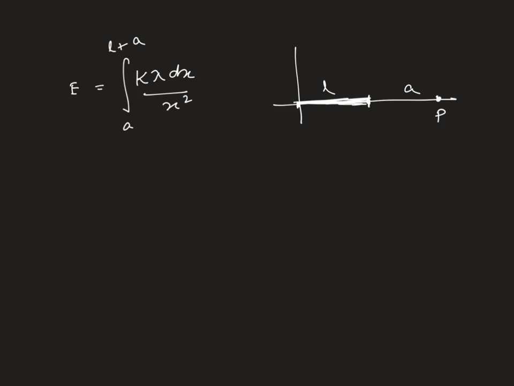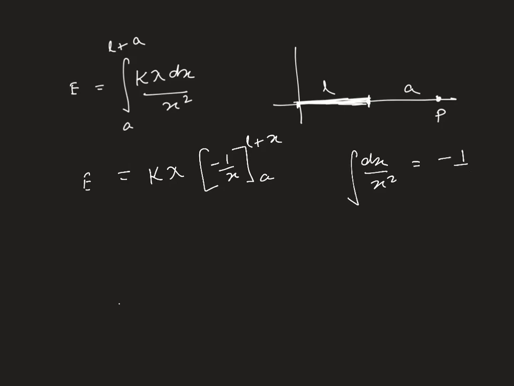So electric field is k lambda, minus 1 upon x, from A to L plus A. The integration of dx upon x squared, all of us know it, is minus 1 upon x.